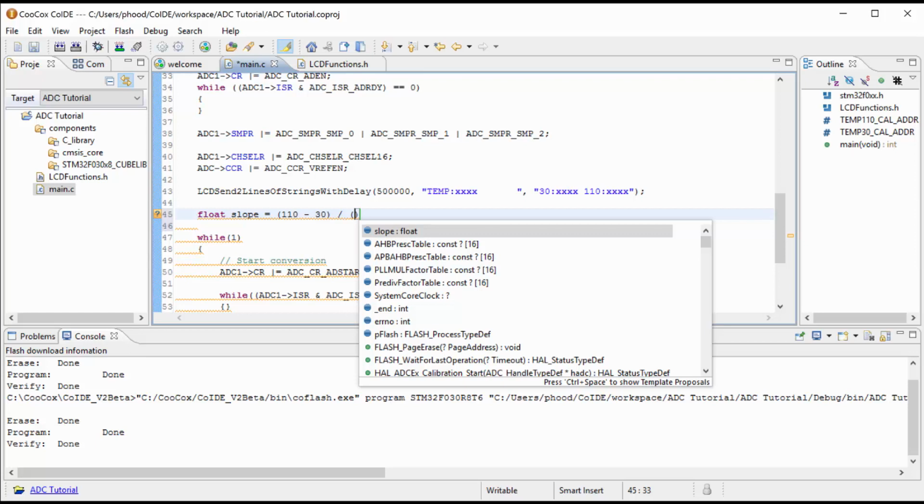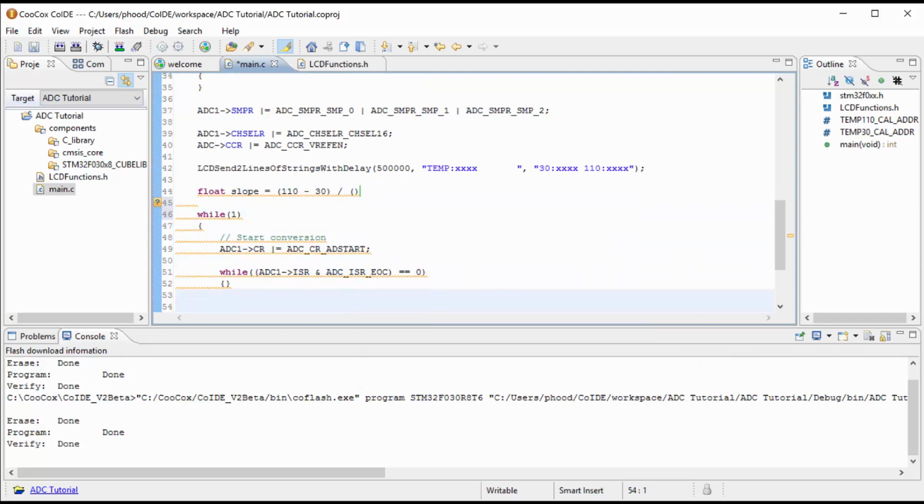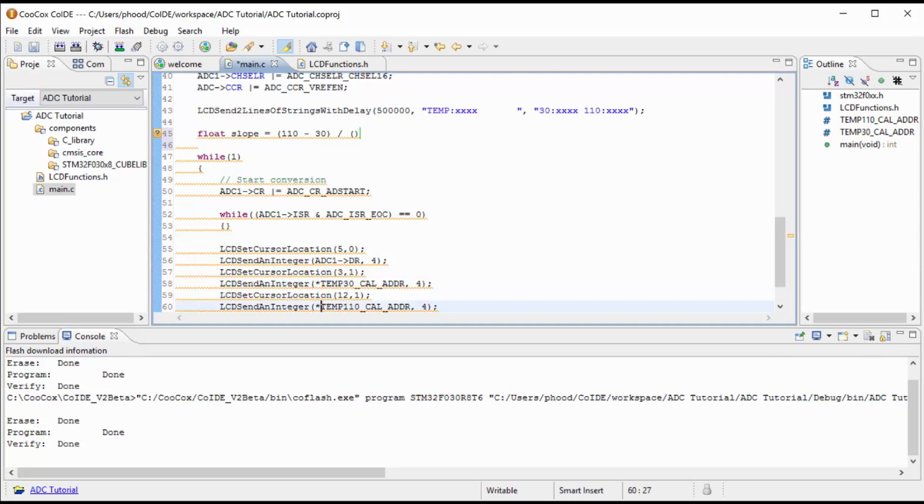So the voltage at 30 was 17, no, I'm sorry, what am I doing? I should be using the actual numbers, so let's start with the 30, because that was the bigger number. So we don't have to do an absolute value. And we're going to subtract that with the 110. So this should be our slope. Let's go ahead and see if we get the correct number.